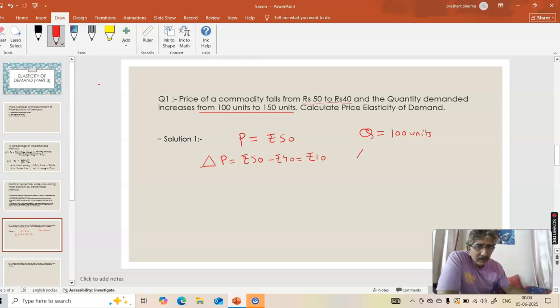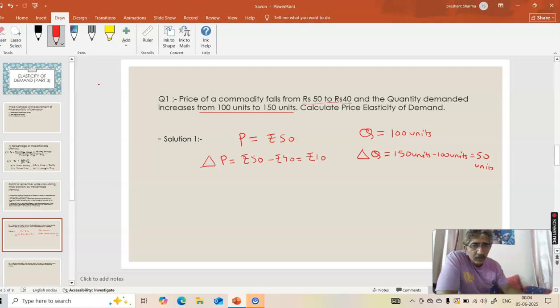And what is the change in the quantity? From 100 units, it has become 150 units. You can calculate it orally, but still I'm doing this for you. The new quantity is 150 units. From that you subtract 100 units. How many units you get? 50 units.